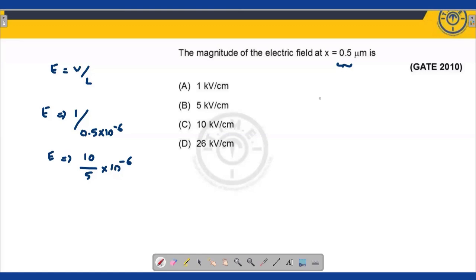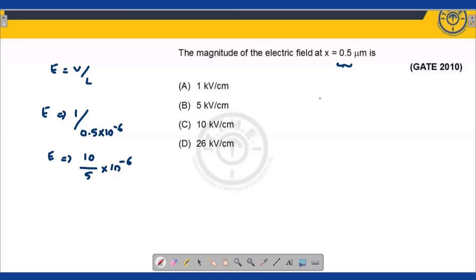See, my dear friends, the question is exactly at x equal to 0.5 micrometers, but he has taken it completely at 1 micrometer. That is reversed. At 1 micrometer, it is different.